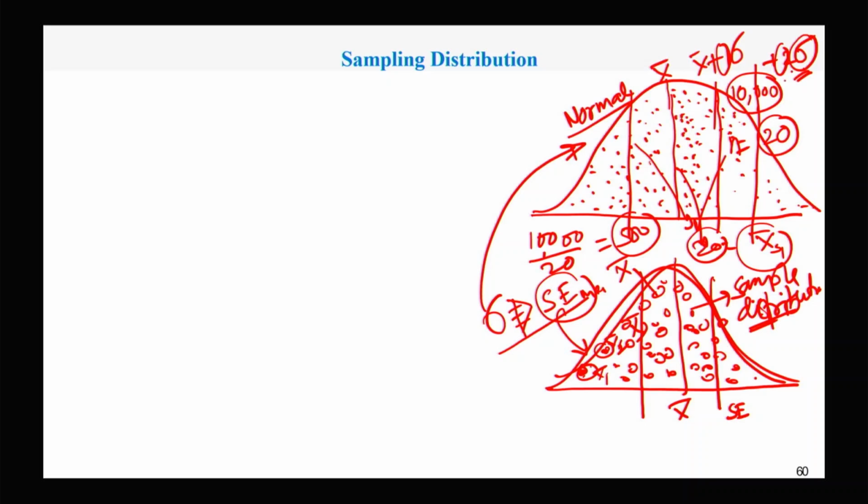1, 2, 3 are the levels, 1 sigma, 2 sigma, 3 sigma levels in the case of the normal distribution. 1 sigma level means 68%. 2 sigma level means 95%. 3 sigma level means 99.99% typically.